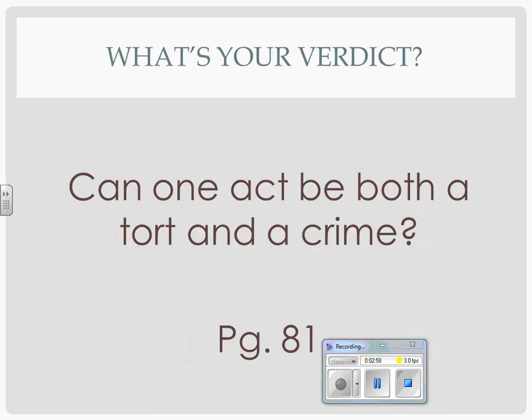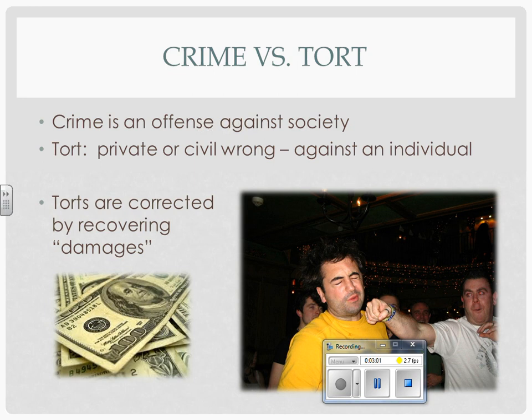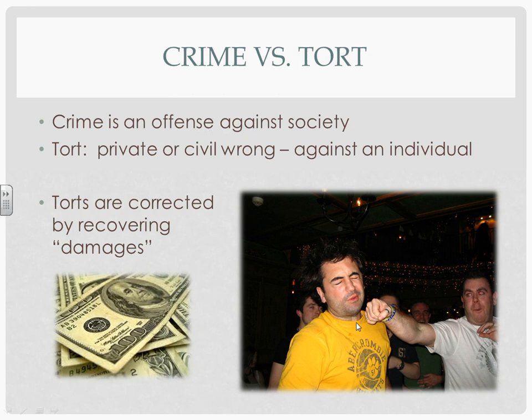In our picture here, we see an example of a tort. This guy is punching this guy. How do you right the wrong of having someone punch you? What are the injuries that you've received here? Maybe a physical injury. It looks like he's with a lot of other people. Could he have potentially received some injury to his reputation or his emotions?